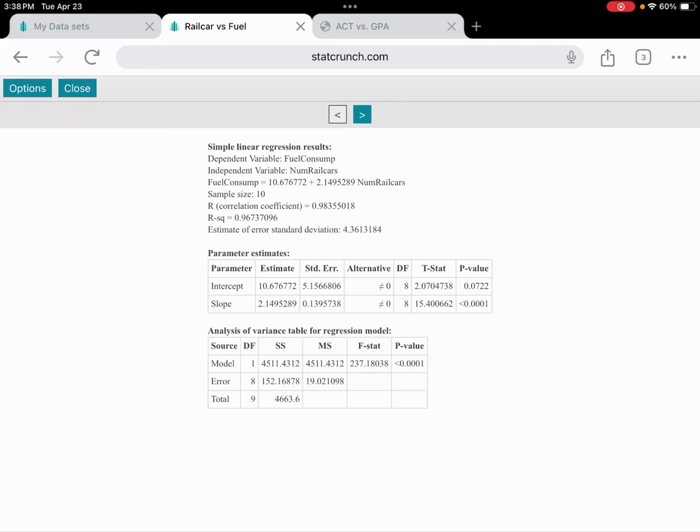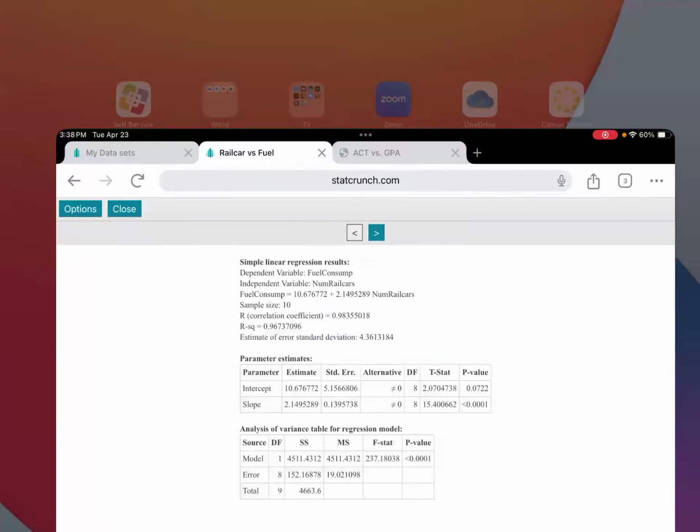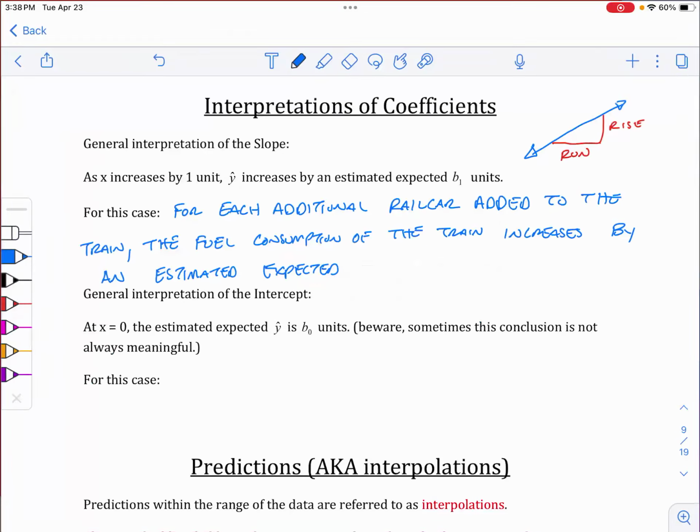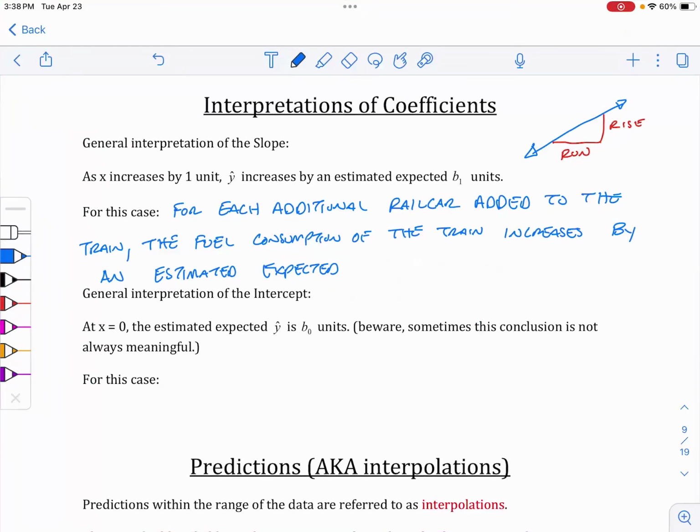It's 2.15. It's all in the output there. That value's also up here, but I think it's even more obvious that it's right there. So for each rail car added to the train, the fuel consumption increases by an estimated expected 2.15.